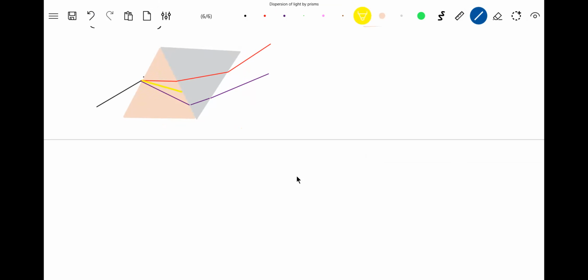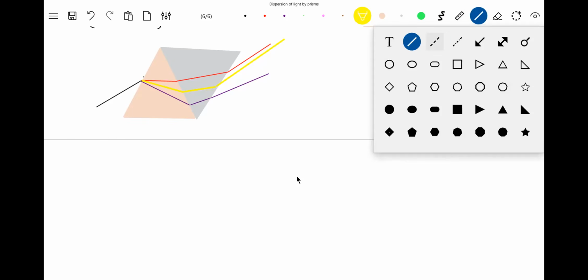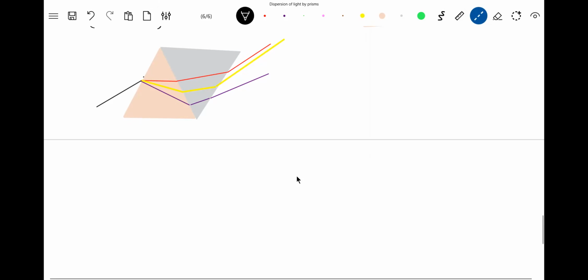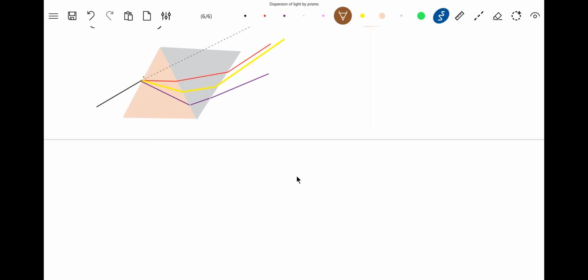Then if you see the yellow, so here there's another combination, A dash, mu, mu dash.